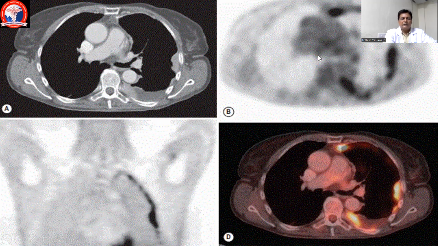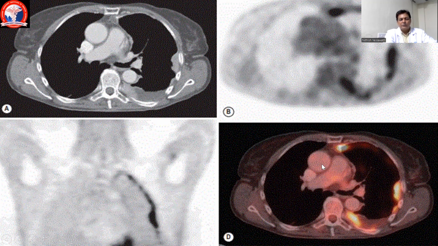The uptake is seen. What is used here is 18F fluorodeoxyglucose isotope, and that is showing activity along the pleura.